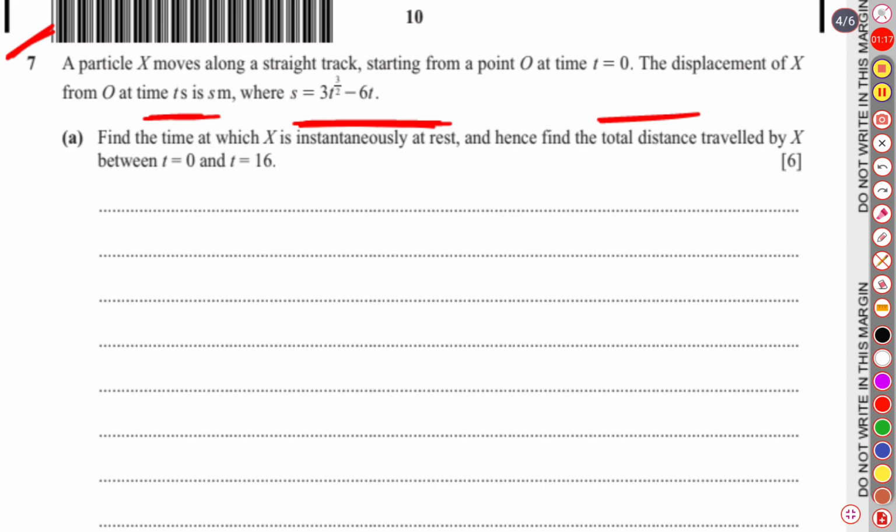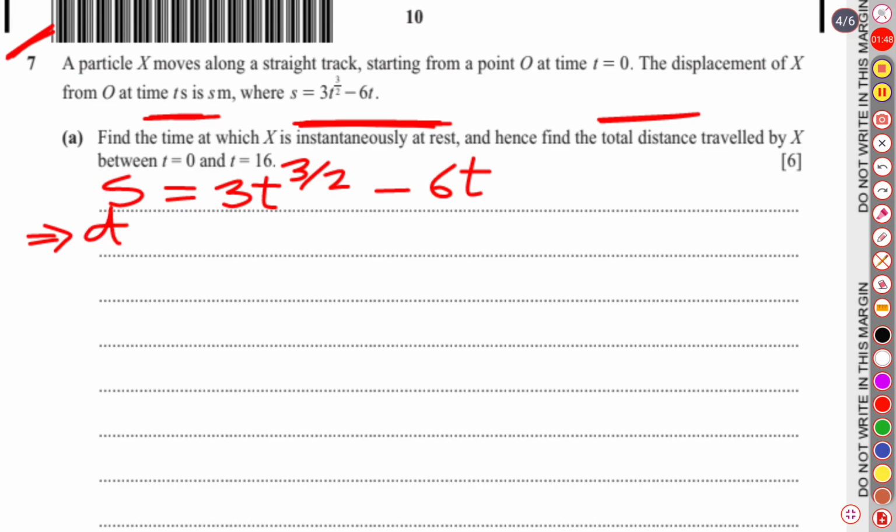So for the first part, the expression for displacement is given, which is s equal to 3t^(3/2) minus 6t. And for velocity, if we differentiate the displacement expression, then we will get our velocity. So let us find ds over dt in terms of time.